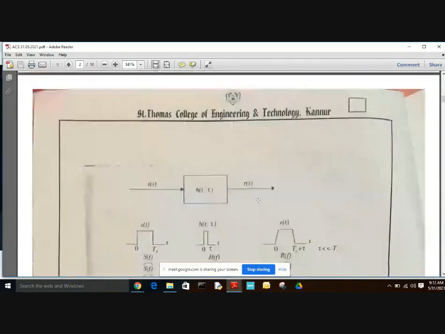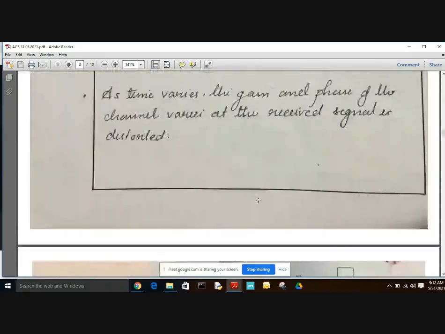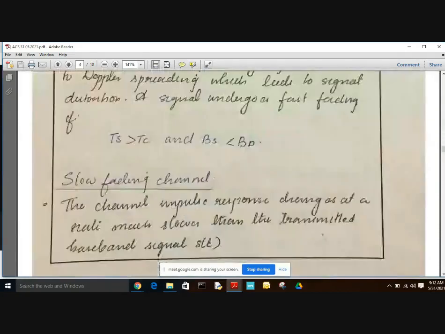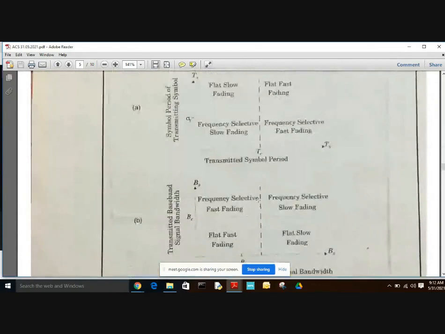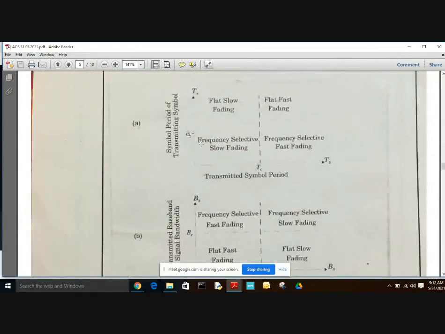So when Ts is greater than tau-c, this upper portion corresponding to tau-c belongs to flat fading, and when Ts is less than tau-c, then this region belongs to frequency selective fading. So based on Ts and tau-c, that is the RMS delay spread, we have flat fading and frequency selective fading.